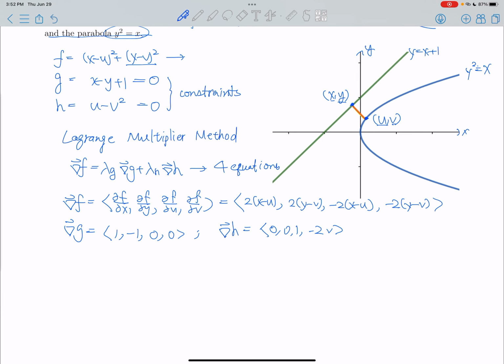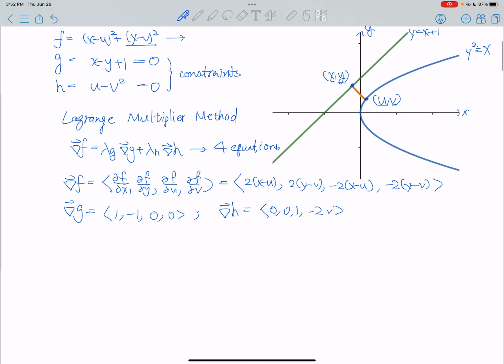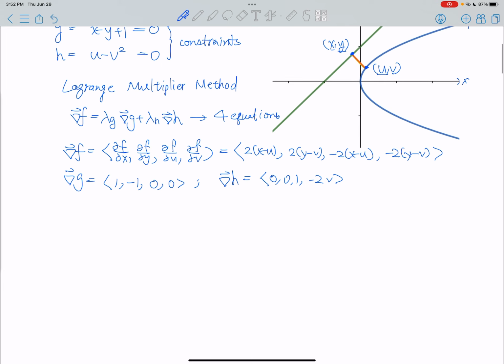So the Lagrange multiplier method gives us the 4 equations. The first is for the x component. So this 2 times x minus u should be equal to lambda g times the x component of gradient g, which is 1, plus lambda h times the x component, 0. And the other 3 equations come in the same way.